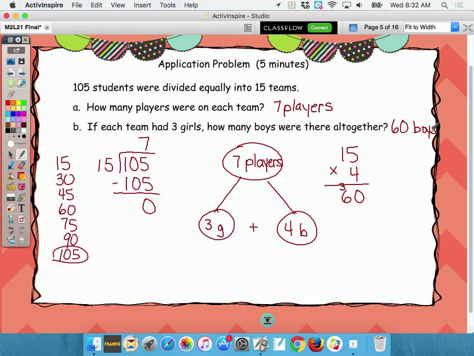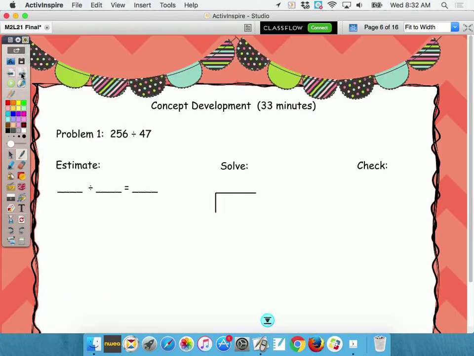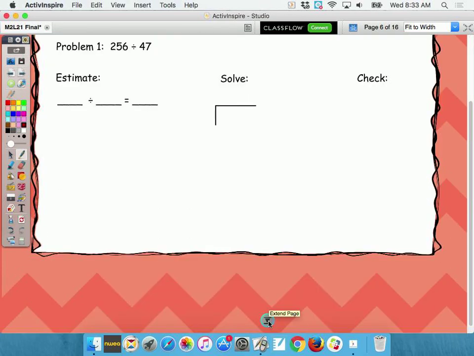Okay, let's talk about the lesson. The only difference today from the last lesson is that most of the time we're using 3-digit dividends. Okay? All right. So very first thing I want you to do is write your problem.